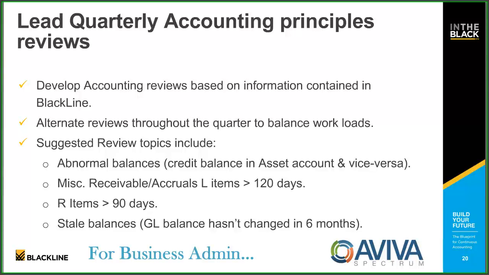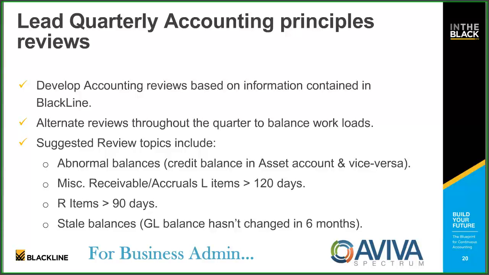When you strip away the allowance accounts, now you can see if some folks are booking their entries backwards. That's especially true if you think about a liability account, maybe with a debit balance. Lots of different ways to pull reporting out of BlackLine in order to look at the quarterly accounting principles.